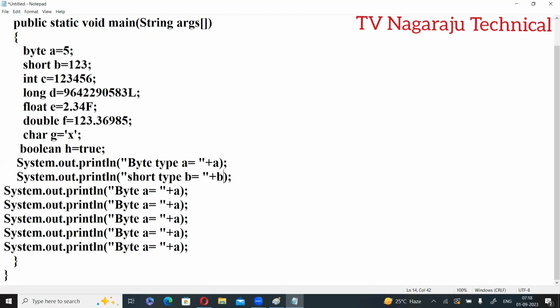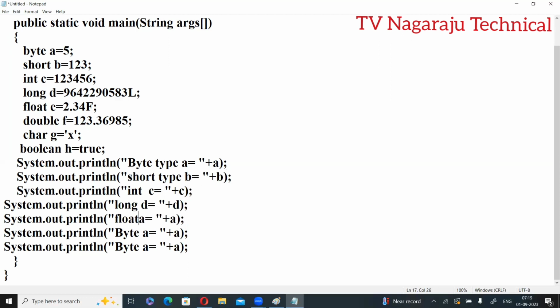I need b, so write down b. Now int, some c is equal to, here my value is c. Here I need d. What is d according to my program? long. My variable d.